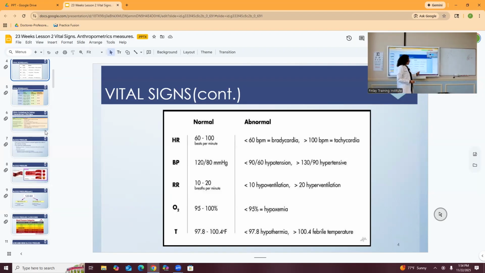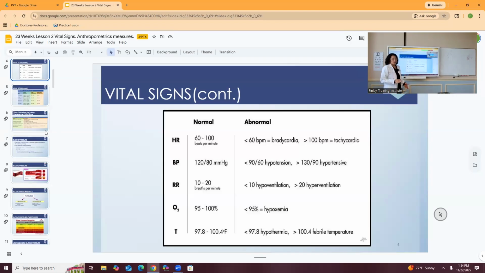If it's above 100.4, then we are going to start talking about the states of hyperthermia, meaning the temperature goes up. But we will consider this as a fever or febrile temperature.